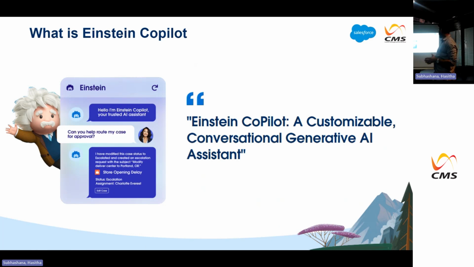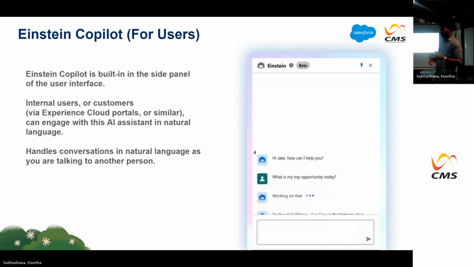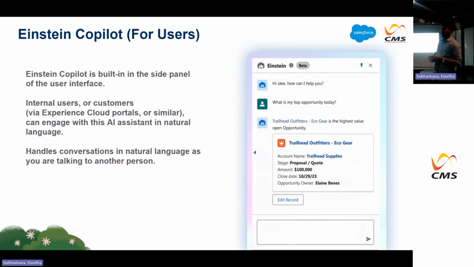Einstein Copilot is customizable conversational generative AI, because it can have a conversation with you, like you're having a conversation with someone else. Assume you are a user who's using Salesforce.